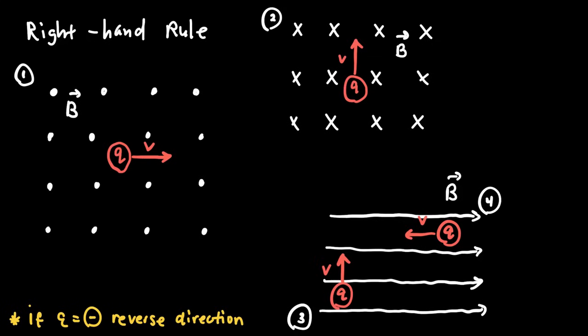And so now my fingers are still pointing to the right, and I'm curling my fingers out of the screen. And when I do that, my thumb is pointing toward the bottom of the screen. And so that means the force on the charge, if it is positive, will point downwards.